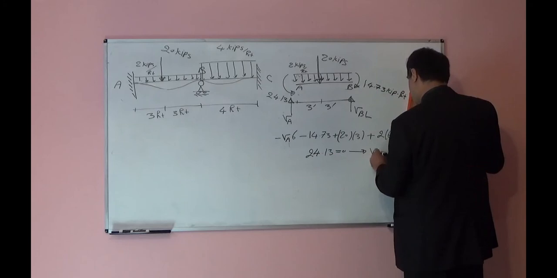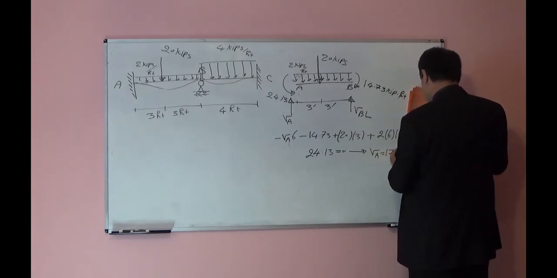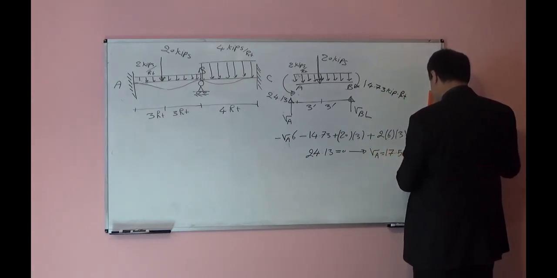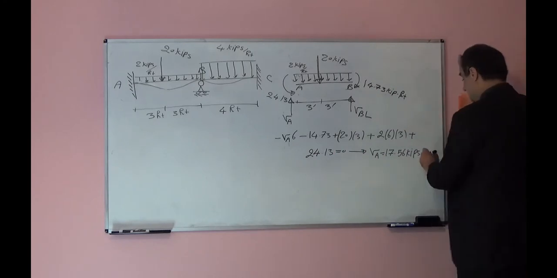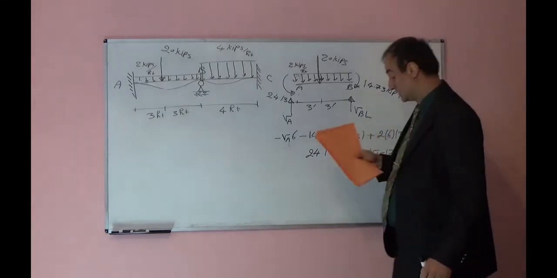From there you can find VA is equal to 17.56 kips, and it will be upward.